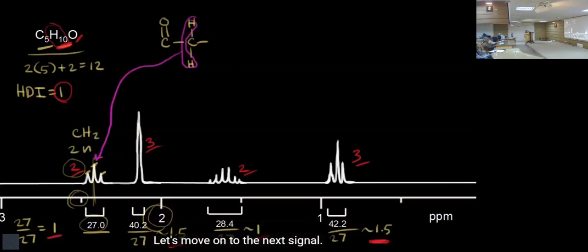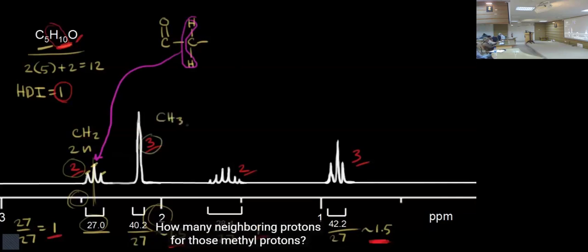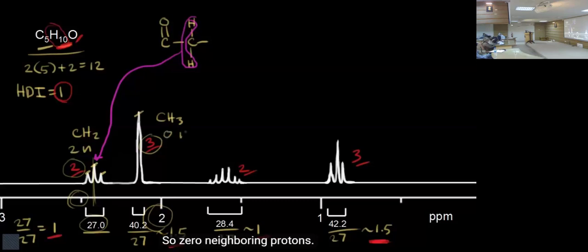Let's move on to the next signal. We have 3 protons, so that would be a methyl group, CH3. How many neighboring protons for those methyl protons? There's only 1 peak here, so 1 minus 1 is 0, so 0 neighboring protons. What about the chemical shift? The chemical shift for this signal is once again past 2 parts per million, so this signal is de-shielded. These protons must be next to our carbonyl.